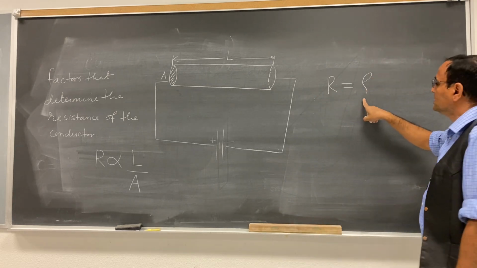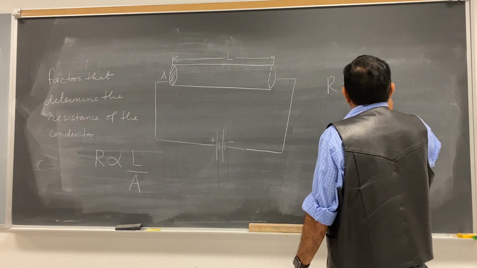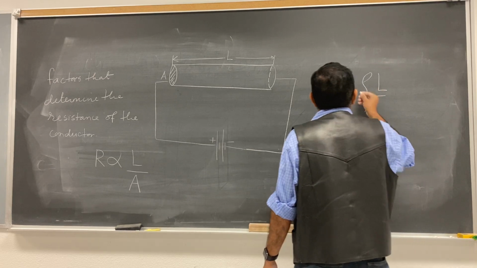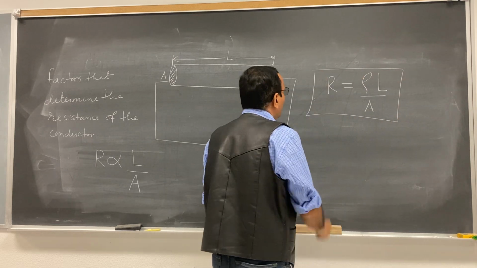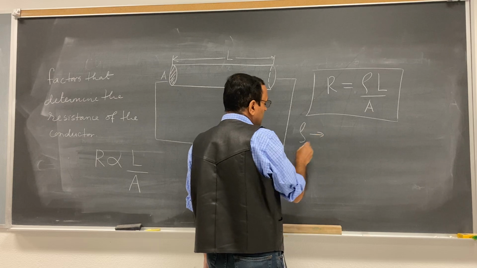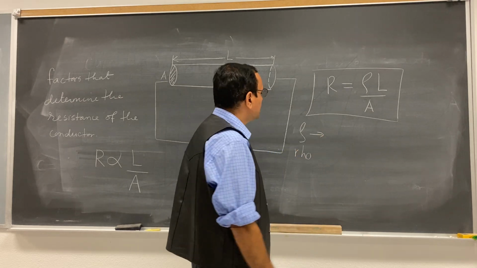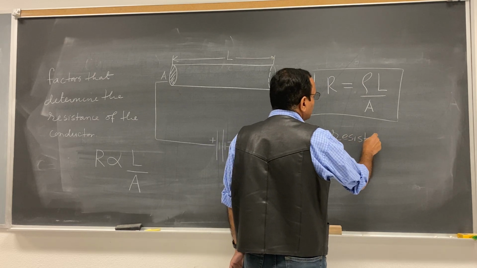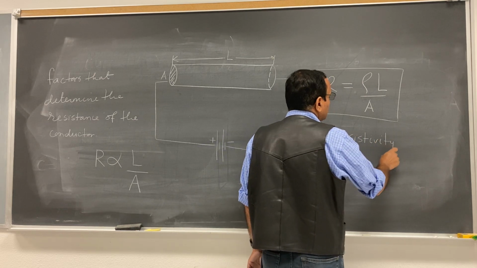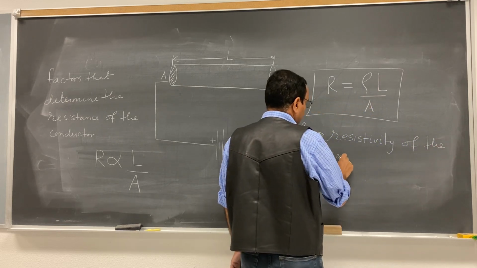This rho is the proportionality constant, and you have L divided by A. This is the formula to calculate the resistance of the conductor. Where rho is the proportionality constant, and this rho is called the resistivity of the conductor.